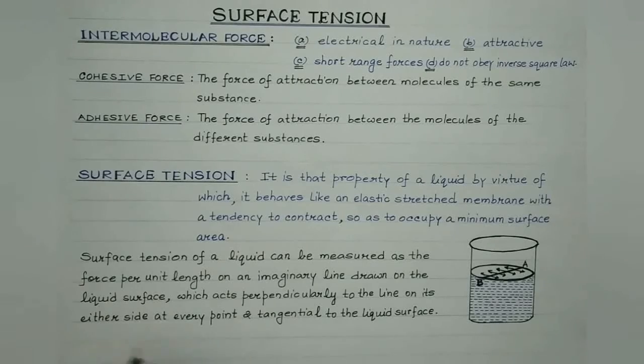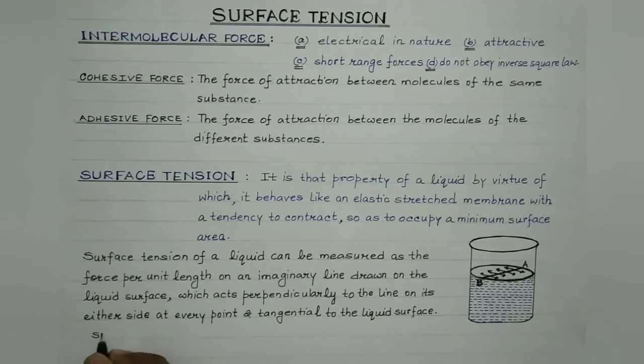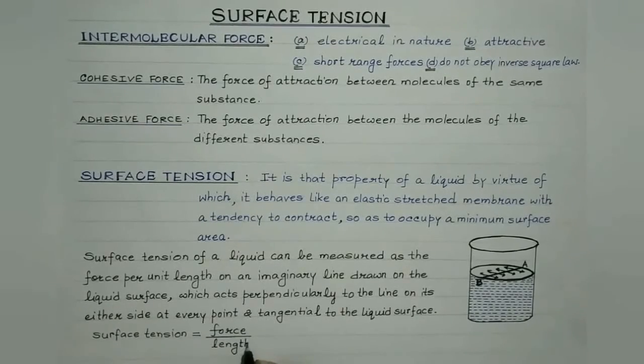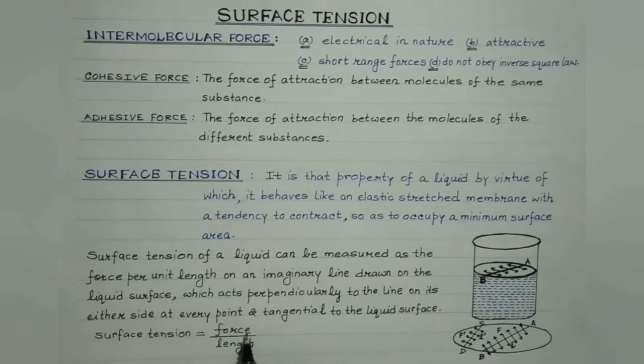So mathematically, surface tension is quantitatively measured as the ratio of the magnitude of the force per unit length. This is the force which prevents the surface from breaking into two parts, right?